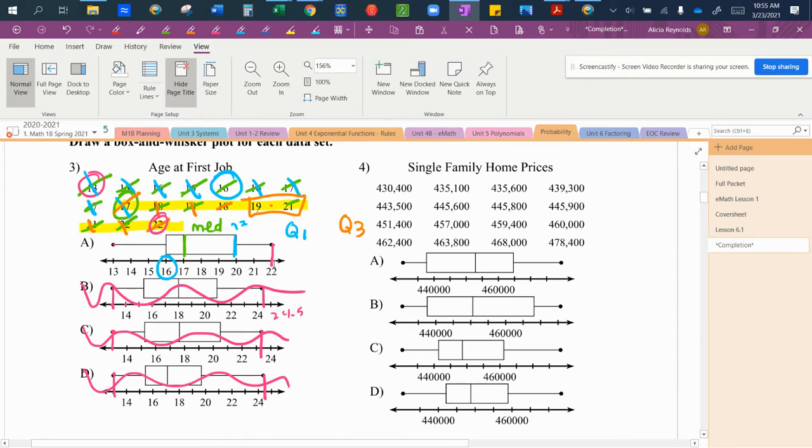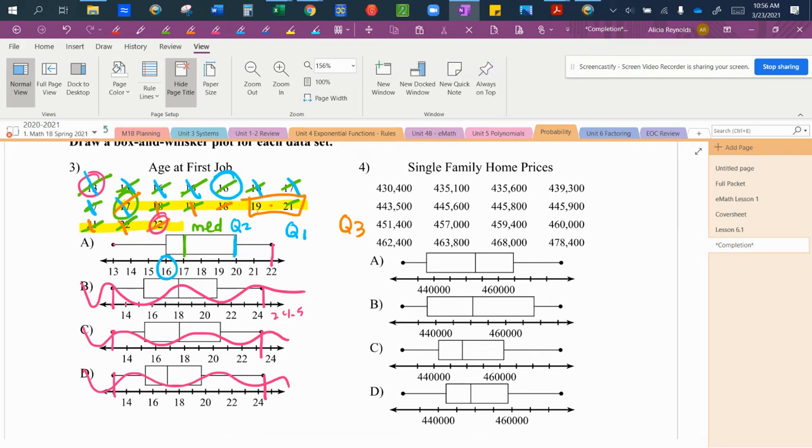We find the median. This green line right here is the median, and it's also Q2, our second quartile. We'll learn more about all the vocabulary as we go through these lessons. To find the median, in green here, I crossed out one number from the lowest side and one number from the highest side.